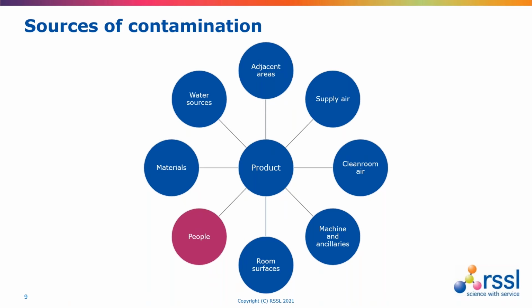And these groups can be considered as air, water, surfaces in general, which could be manufacturing equipment, consumables transferred in, working height surfaces and so on, and then people, which is the most significant source of contamination. And I think we've discussed before that literature suggests that people are accounting for around 70% of contamination within clean rooms, which is why I've given that a different color on the screen.